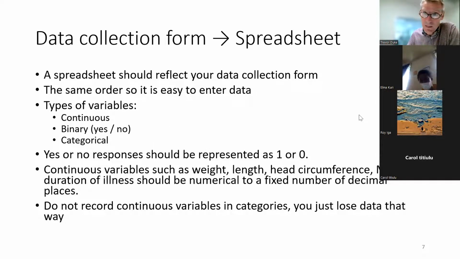Now, a lot of these continuous variables like weight and length and head circumference or mid-upper arm circumference, duration of illness, you should just decide at the start how many decimal points you'll go to. How many decimal points you record to depends on the number of subjects you have in your study, and also on the precision of your measurement.